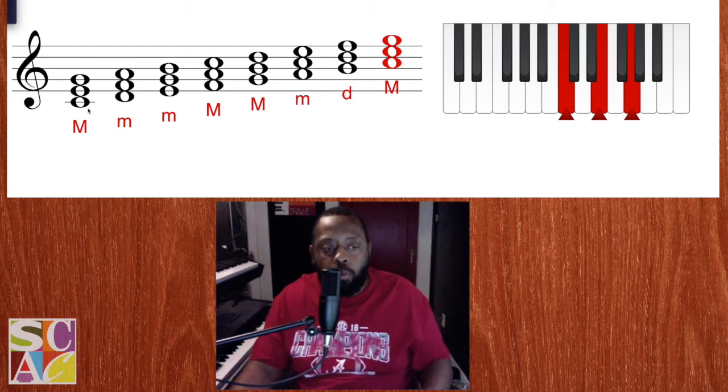So C would be 1, D would be 2, E would be 3, F would be 4, G 5, A 6, B 7, and C 1. So this is how you analyze the C major diatonic triad scale.